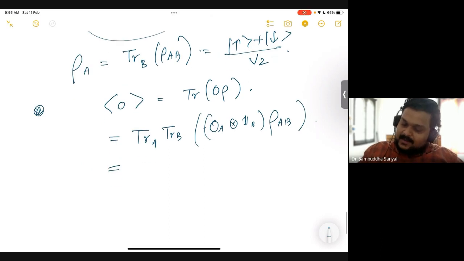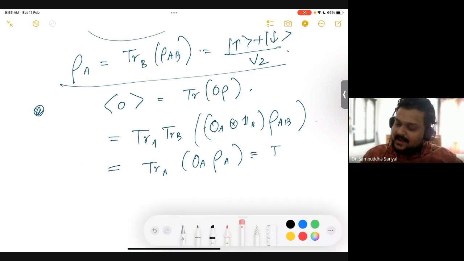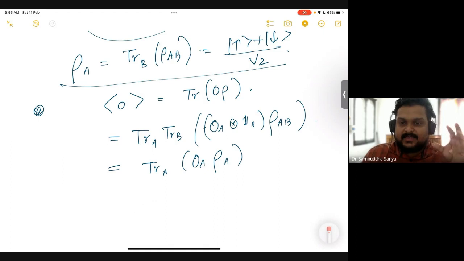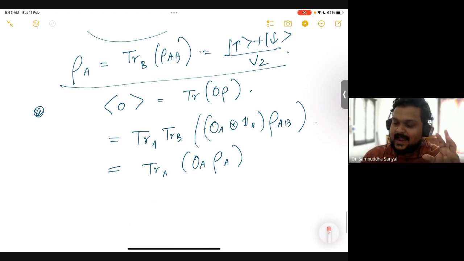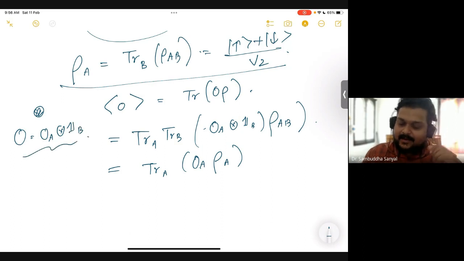Now the trace over B, if I do this, will do the job of converting into OA. And that will give me the average of O, where O is an operator that acts only on the A sublattice. Or sorry, I'm always calling it sublattice because in condensed matter I'm used to sublattices. So O is an operator that acts only on the A part, right?